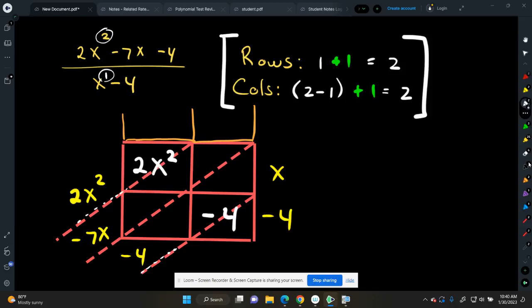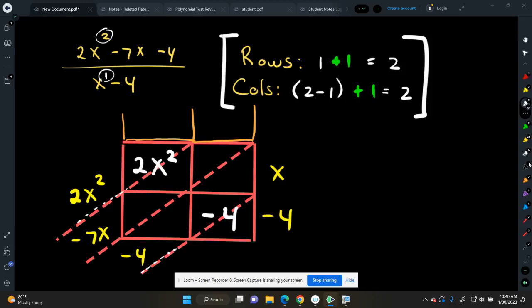That means that 3x plus 2 times x plus 3 equals 3x squared plus 11x plus 6. That's how that works. And if we look at our table, x plus 3 times 3x plus 2 equals 3x squared plus 11x plus 6. Okay? Does that make sense?